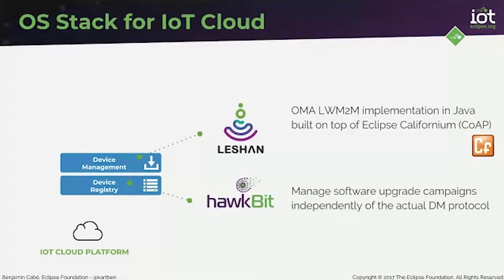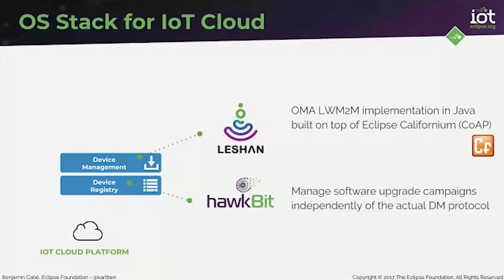So with hawkBit, you have all this infrastructure, including a complete UI, a complete set of APIs for you to integrate with your existing backend systems. And there's a great community around hawkBit. There's lots of examples out there on how you can use hawkBit to manage Android or Android Things devices. So really something to check out.